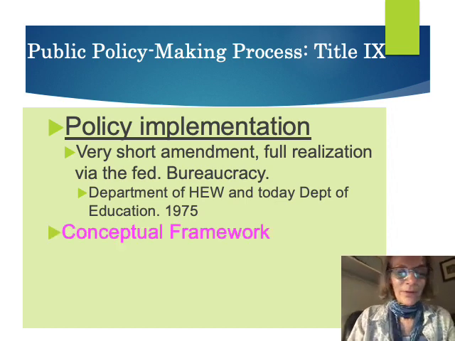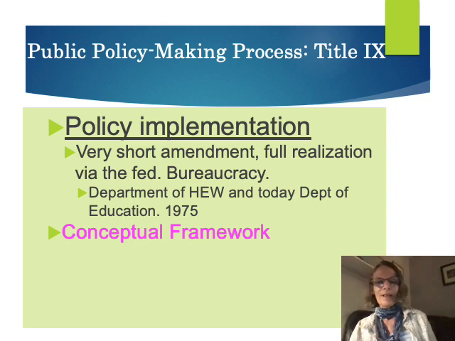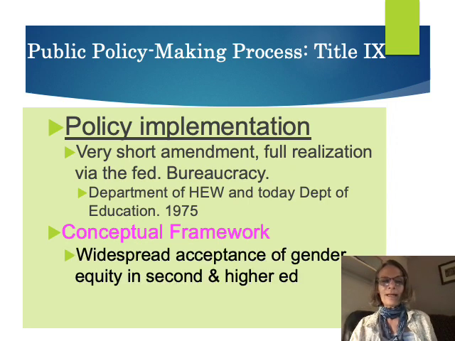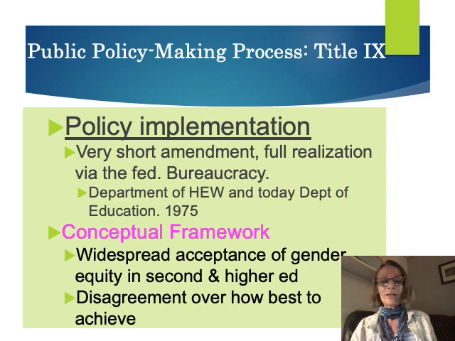We're going to learn more about this when we get to the chapter on Title IX, but there was a conceptual framework. There was widespread acceptance of gender equity in secondary and higher education, but there was a lot of disagreement over how best to achieve this. There was disagreement about sports and which sports should be subject to gender equity. Should football scholarships be counted towards gender equity, and do we have to match the number of scholarships on the football team, and if you don't do that, then there's not gender equity?